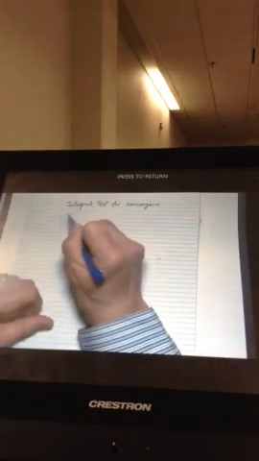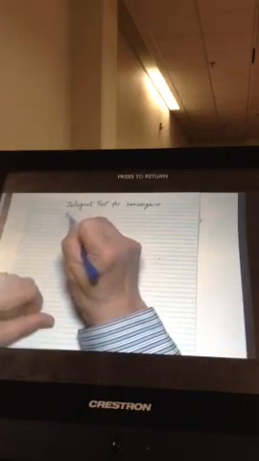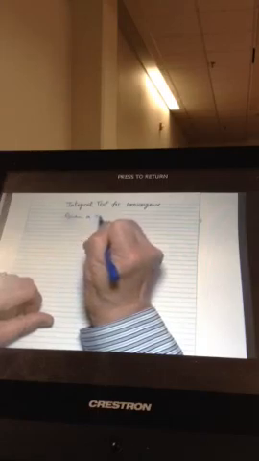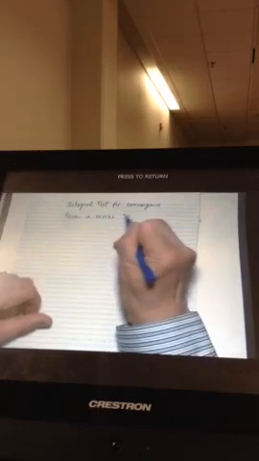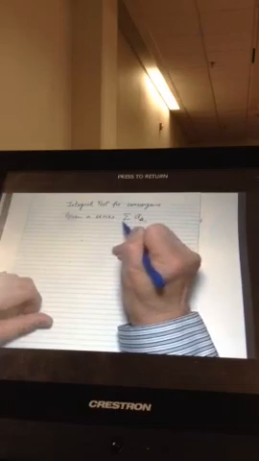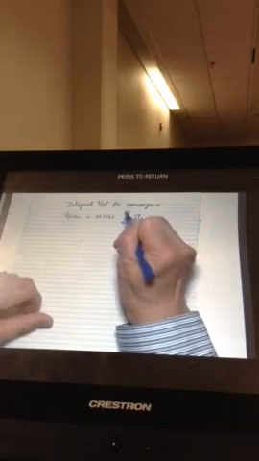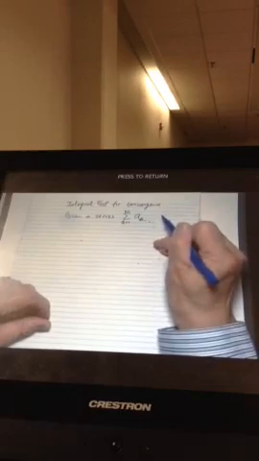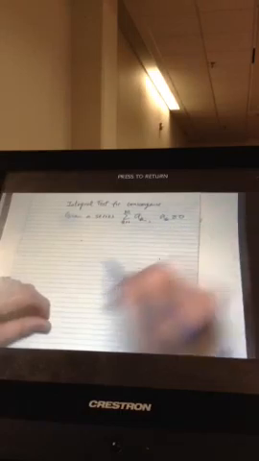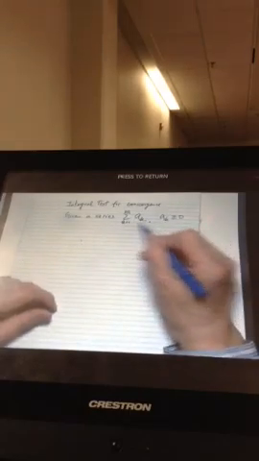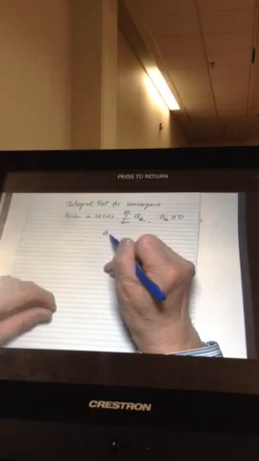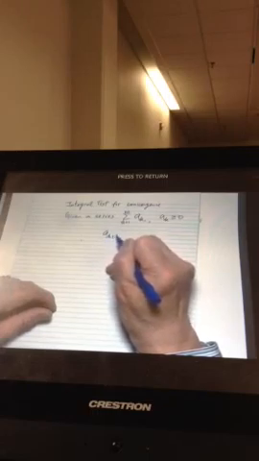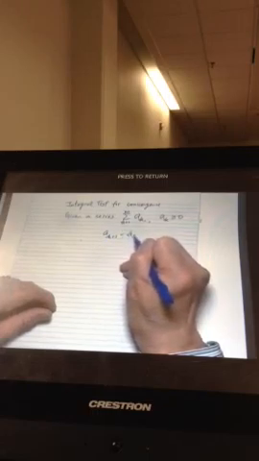Okay, so suppose I have a series, given a series, let me call it a sub k, k from 1 to infinity, where I'm assuming a sub k is all positive. And assuming this is decreasing, so a sub k plus 1 is smaller than a sub k.